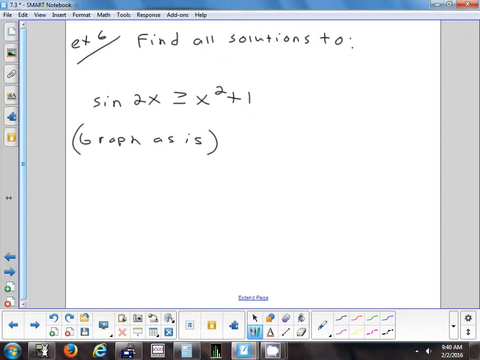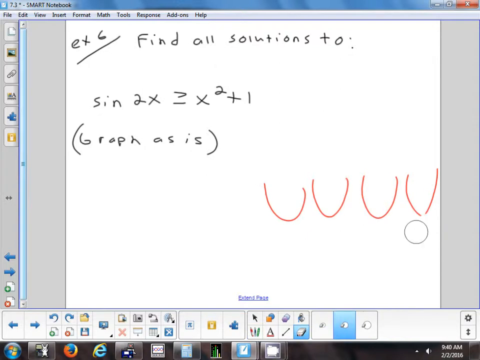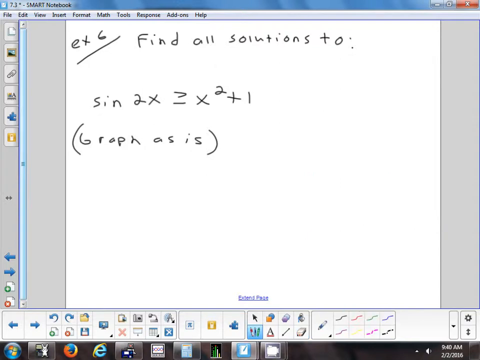Do parabolas repeat? No. When you graph a parabola, you don't see multiple parabolas on the screen like that. Okay? So what's going to happen is this interval, it's going to be one answer. Okay? Because we're dealing with a function that repeats and a function that doesn't. So we're only going to get one answer to this problem. No plus 2 pi k.